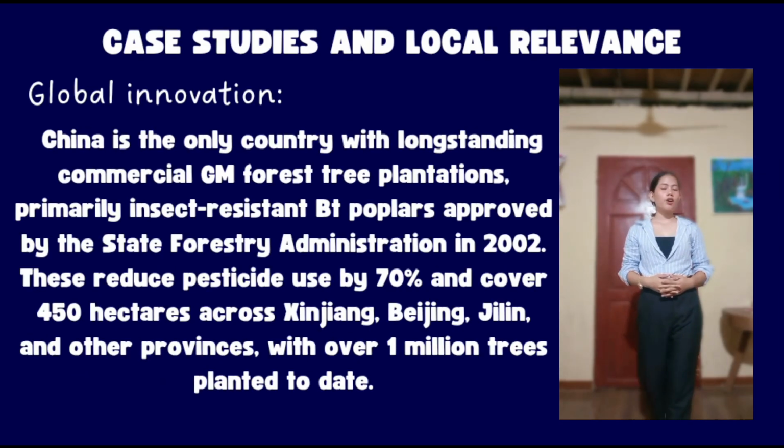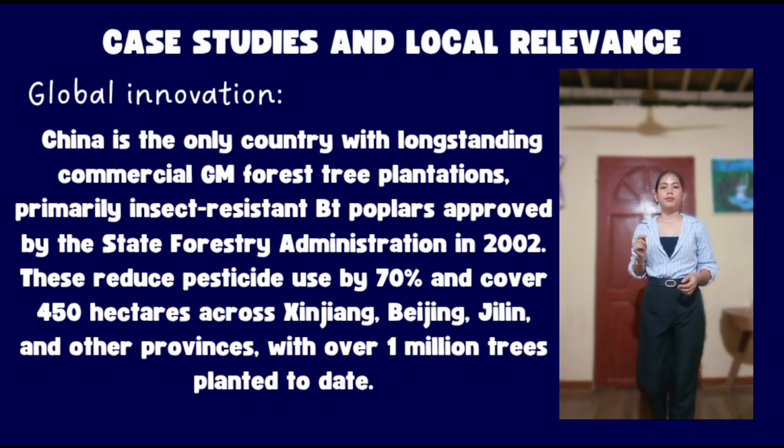So, China is the only country with long-standing commercial genetically modified forestry plantations, primarily insect-resistant BT poplars approved by the State Forestry Administration in 2002. This reduced pesticide use by 70% and covered 450 hectares across Xinjiang, Beijing, Jilin, and other provinces, with over 1 million trees planted to date.